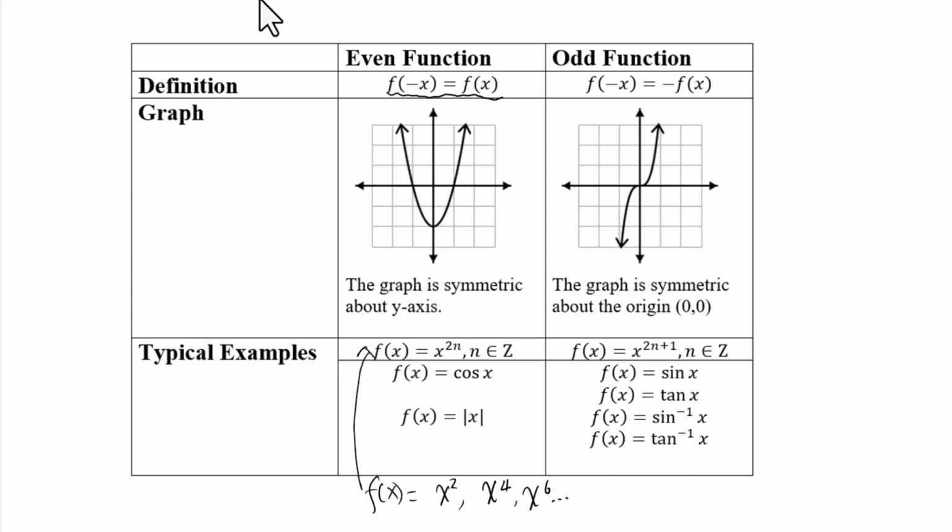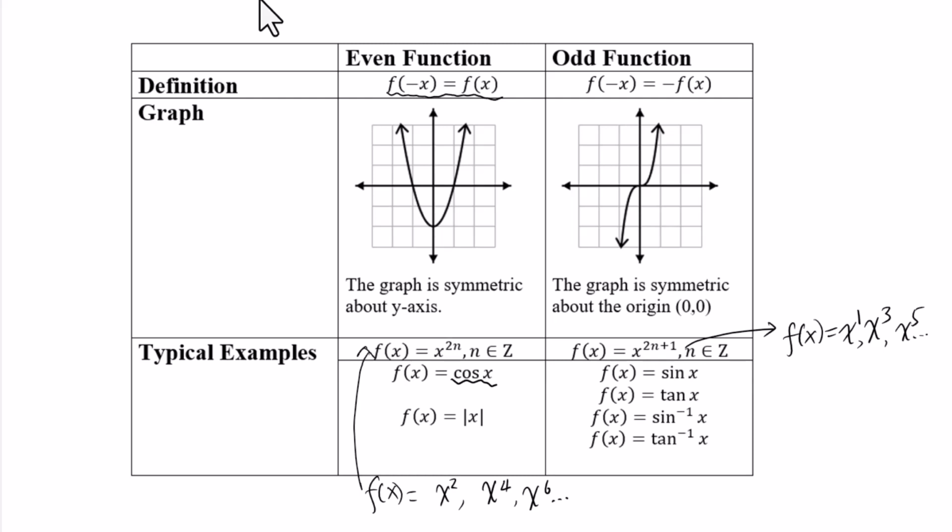Even exponents for even function. F of x equals x to the 2n plus 1th power. N is all integers. We will get f of x equals x, or x to the 3rd power, x to the 5th power, and so on. Odd exponents for odd function.